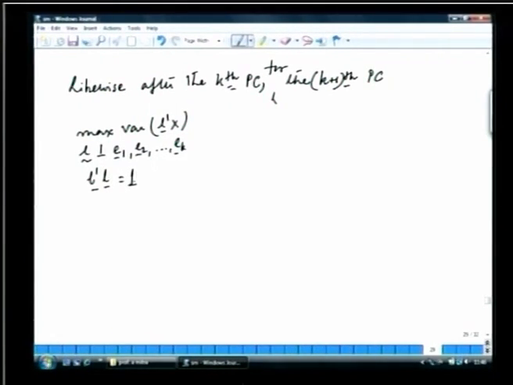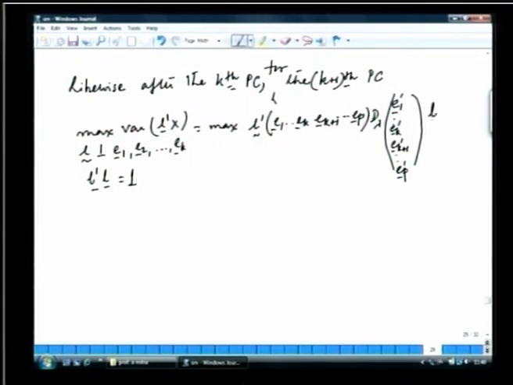And this will be nothing but maximum of L with E1 to Ek, and then you have Ek plus 1 to EP, then d lambda, transpose of these E1 to Ek, Ek plus 1 to EP, and then you have L, right.